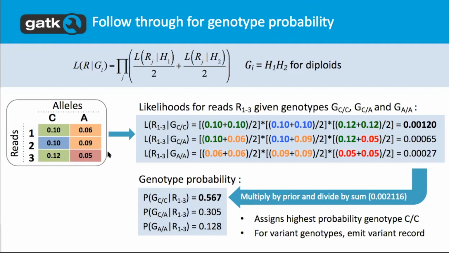So our example is not entirely realistic, but if you're interested in walking through the math, this is what it looks like. What you end up with is a genotype probability for each of the possible genotypes you're considering based on the alleles that you've selected. You're going to have a number that describes how confident we are that that is the right genotype for that person.